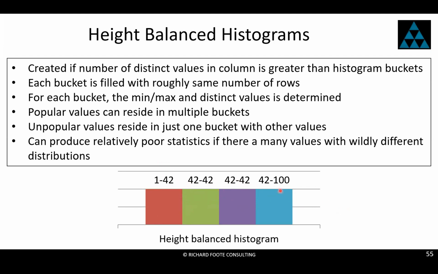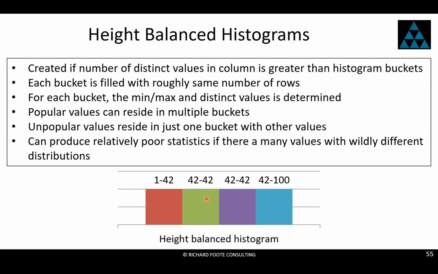Now, by default with height balance, if I've got a very popular value, it could be in more than one bucket. So what I can see here is 42 must be a pretty common value because it appears in all my 4 buckets. So if I've got 4 buckets and I'm going to collect statistics, and I've got more than 100 values, then height balance is the way Oracle will go.